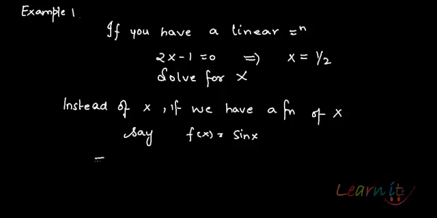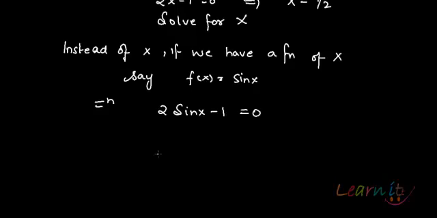I will have the equation turns into 2 sin x minus 1 equals 0. So we have a linear equation in which the variable this time is f(x) instead of x, and f(x) equals sin x. So we do it in a similar manner. We find out what sin x would be first.